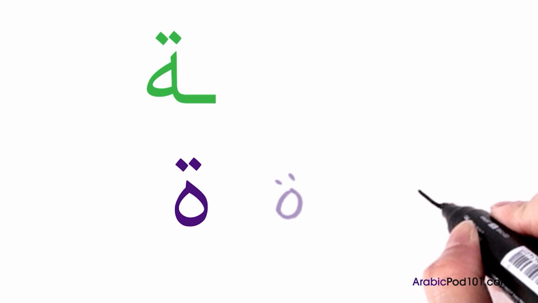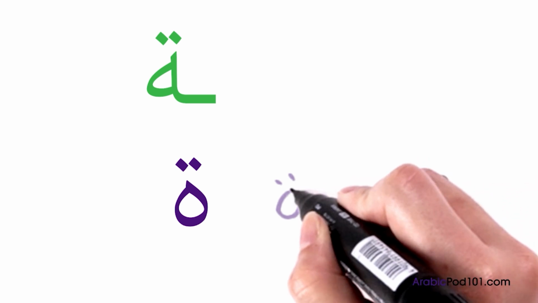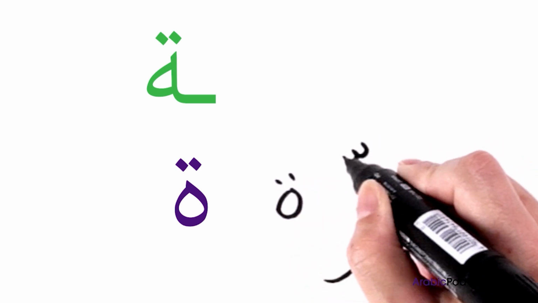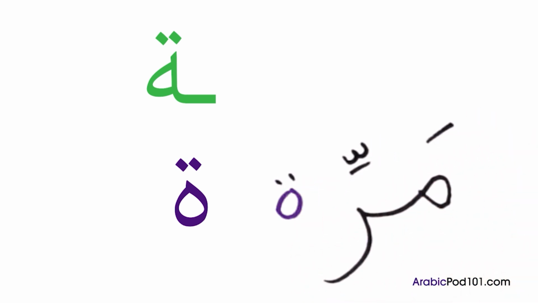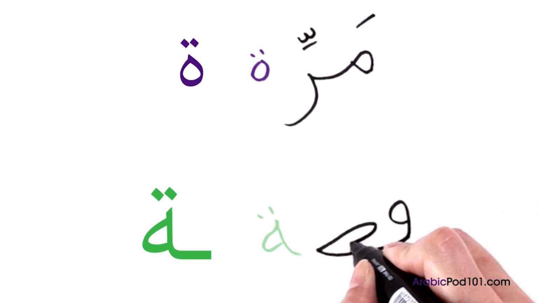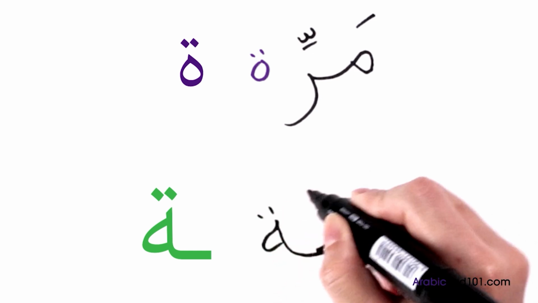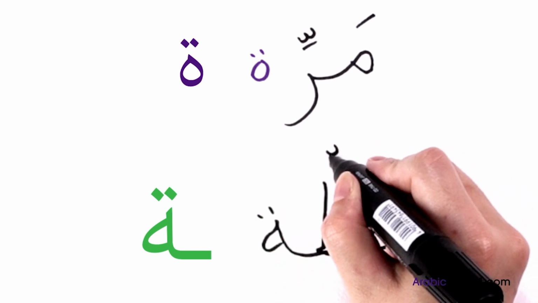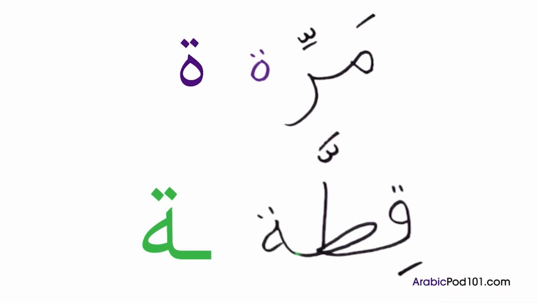Let's try writing ta. Isolated, final. When you see this letter appearing at the end of any word, it means that this word is feminine, be it a noun or an adjective.